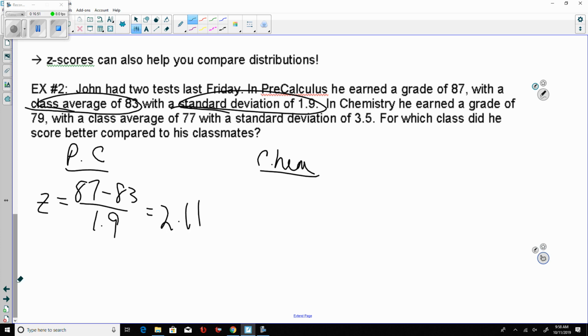And then in chem, you got a grade of 79, average of 77, standard deviation of 3.5. Point what? Very good.